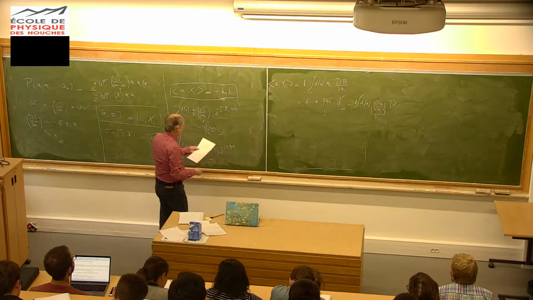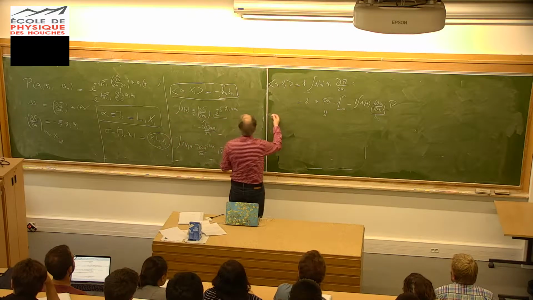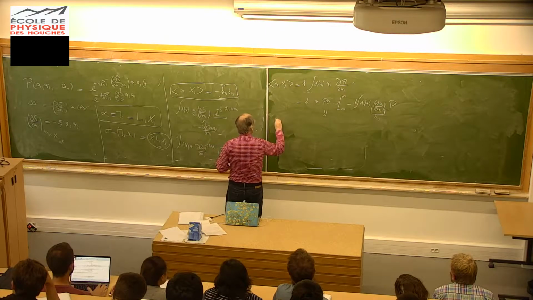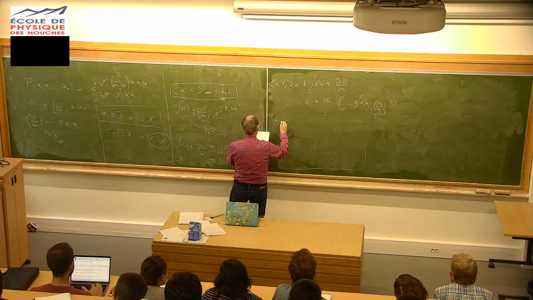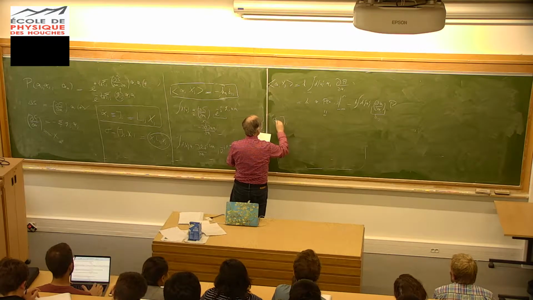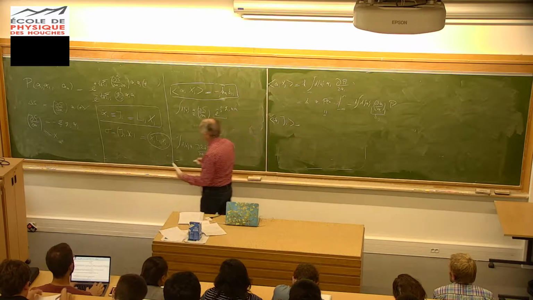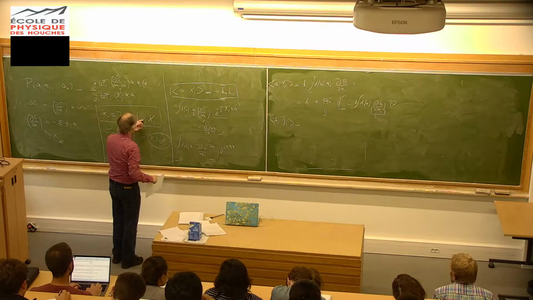If I do that, then I can now do the following thing. I can write, for instance, alpha j, and then correlate it with ji. But I know that ji is given by these transport coefficients.